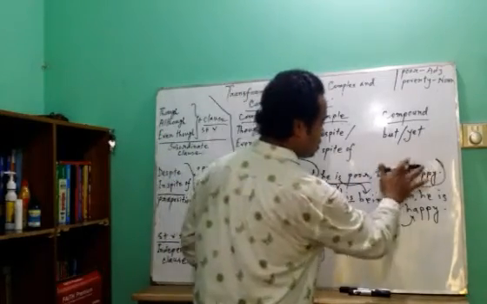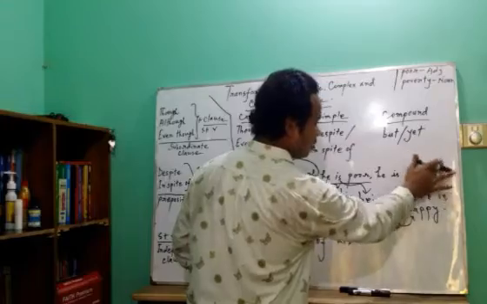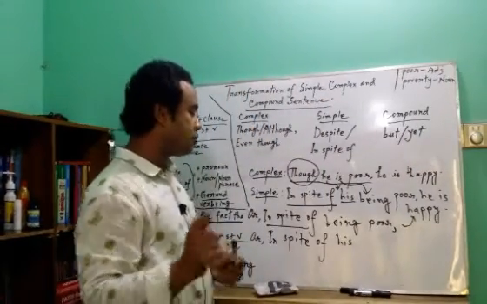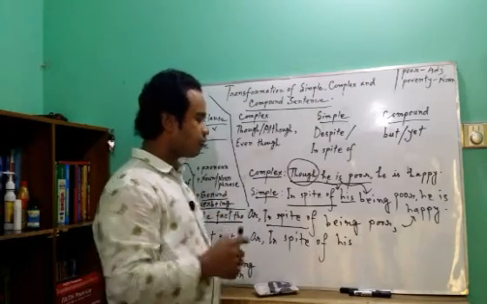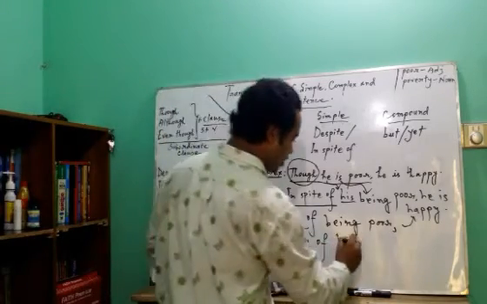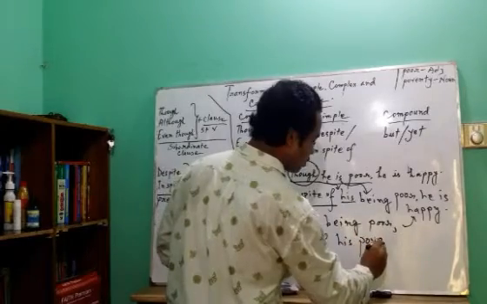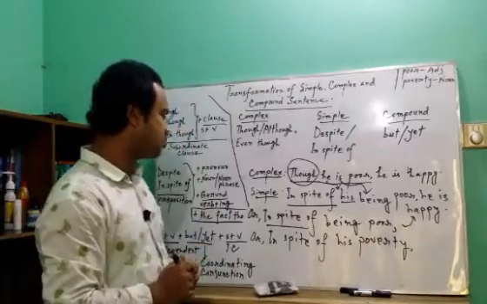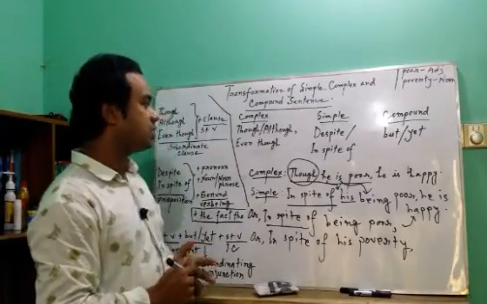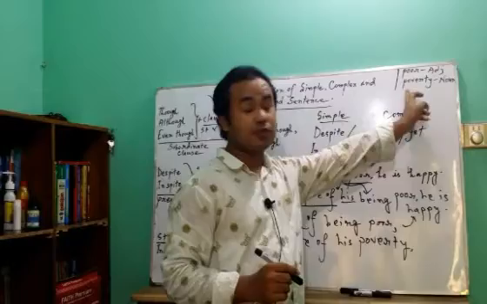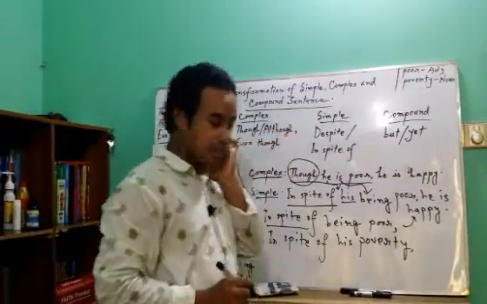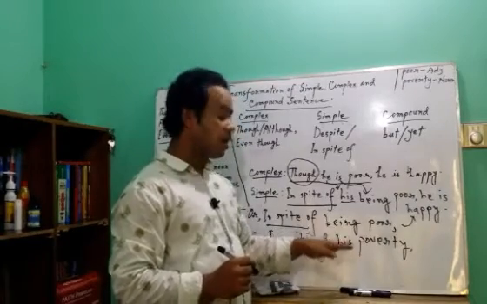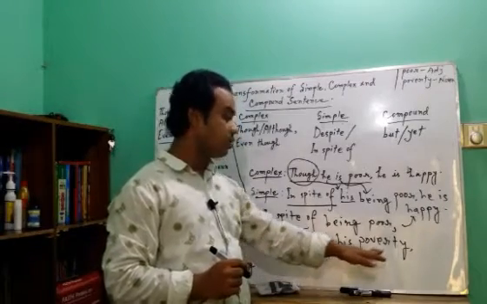Poor needs to be changed into noun form. What's the noun form of poor? Poverty. In spite of his poverty, he is happy. It's also possible. Poor is adjective, poverty is noun. In spite of his poverty: in spite of, or despite, plus possessive adjective, then noun form.